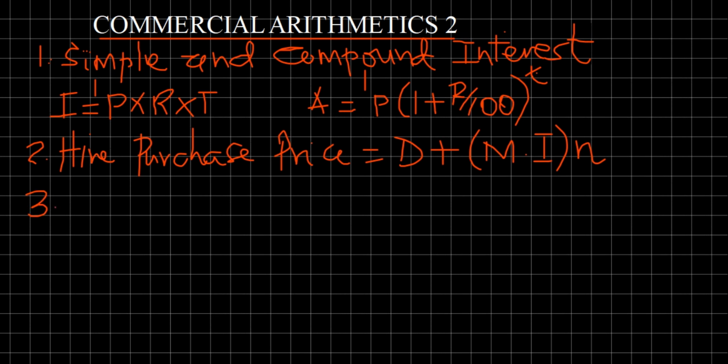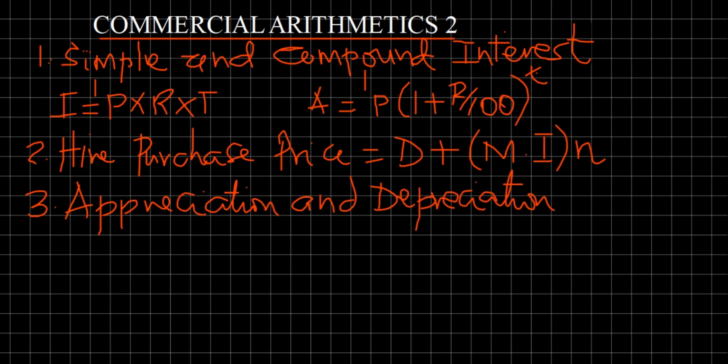Then number 3, the other subsection we are going to look at is appreciation and depreciation. When we talk about appreciation, this is when you take a certain asset and that asset, over a certain period of time, increases in value.